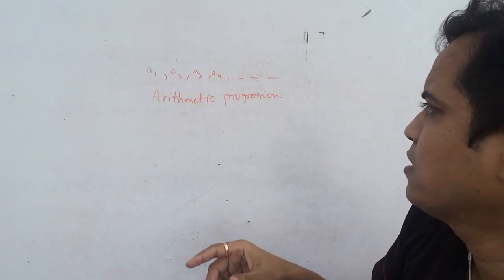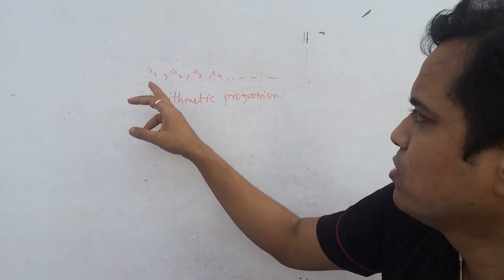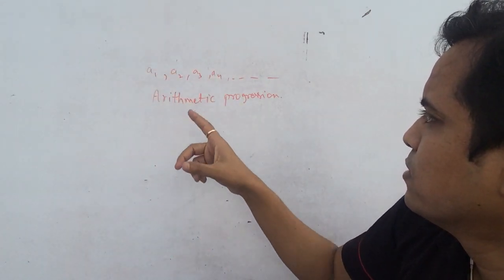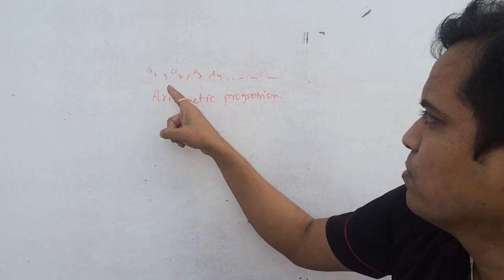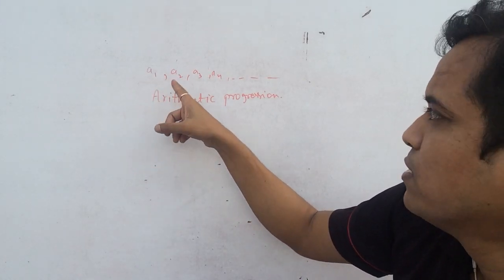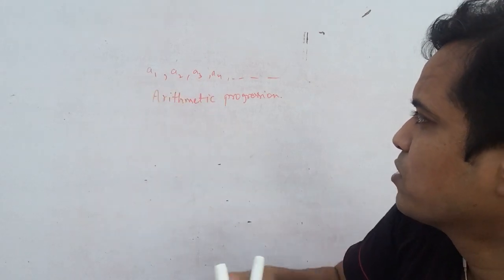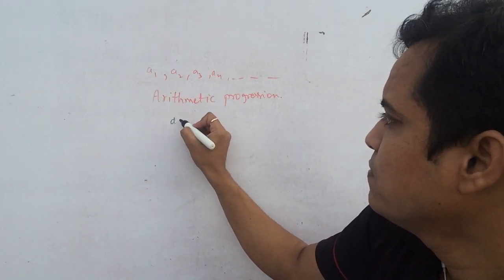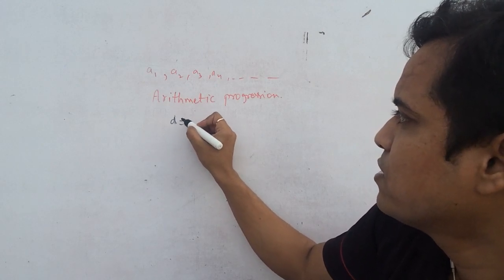So what about arithmetic progression? In arithmetic progression, you find the common difference, always the same: the difference between a term and its preceding term. This is called the common difference, d.